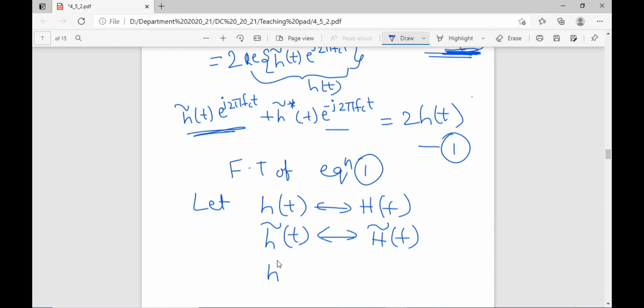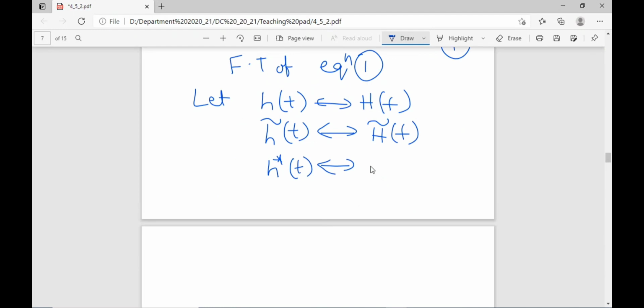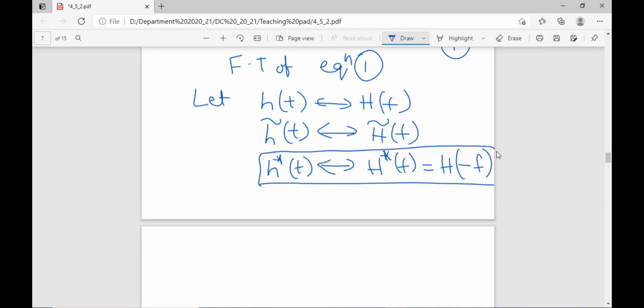Generally you have already studied the Fourier transform. Anybody remembers? It is nothing but H star of f only, but you can write it in terms of H of f as H of minus f. Okay, this is a Fourier transform property. You can see this property in the list I gave you initially.